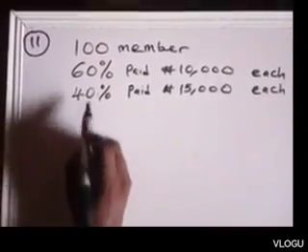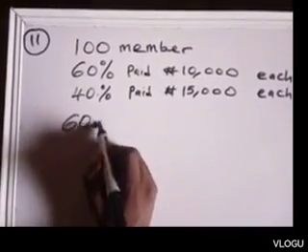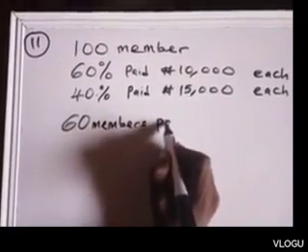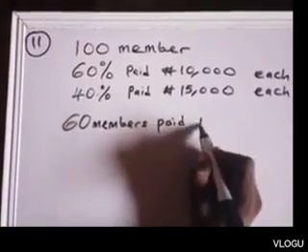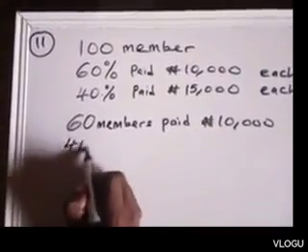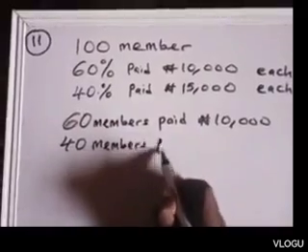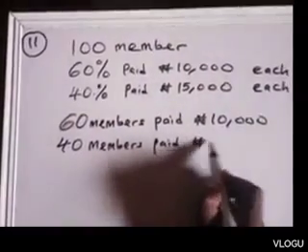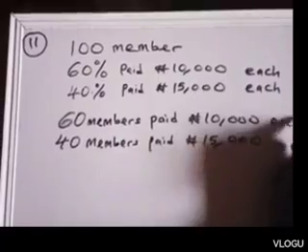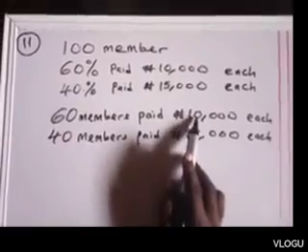So now that simply means 60 members paid 10,000 naira each, and 40 members paid 15,000 naira each. Now let's multiply 60 by 10,000.